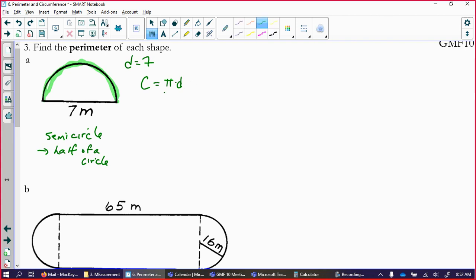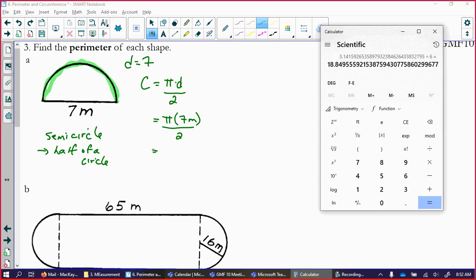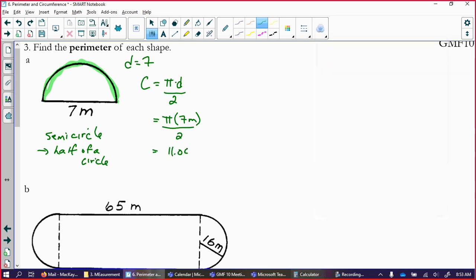So it's half of the circumference. So this is just pi times 7 meters divided by 2. Pi times 7 gives me that, divided by 2, 10.99557. That's 11 if we round it properly.